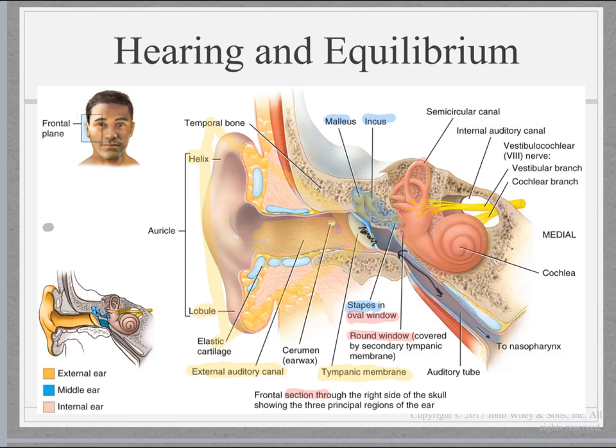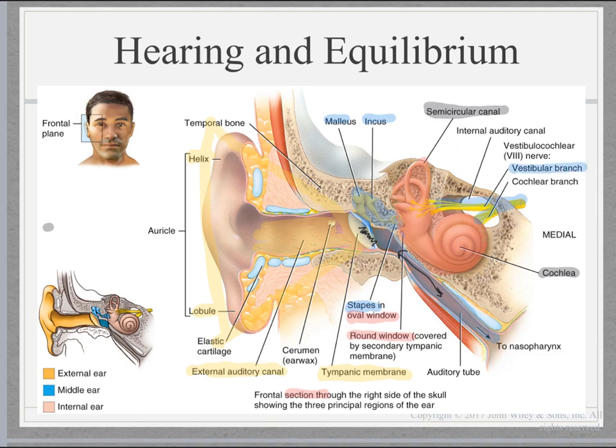We're going to highlight the semicircular canals and the cochlea. Okay, so the semicircular canals, I'll give you a little hint towards what it does, balance, and the cochlea is really for true hearing.